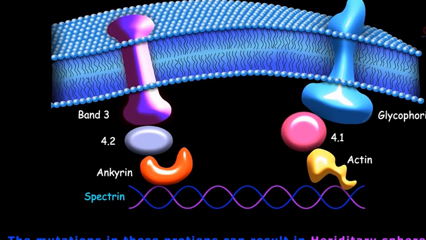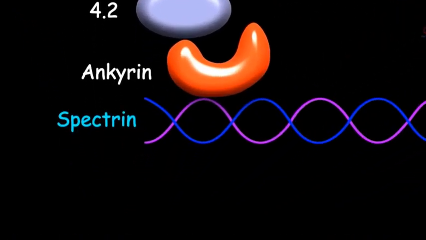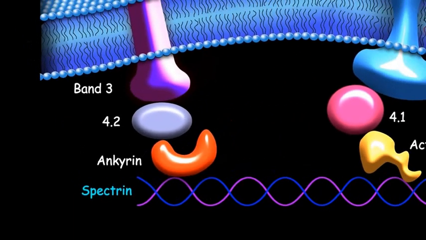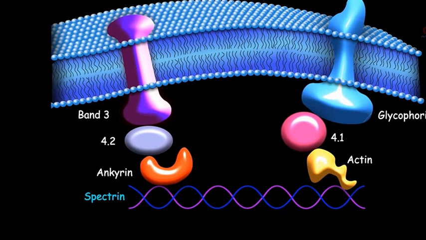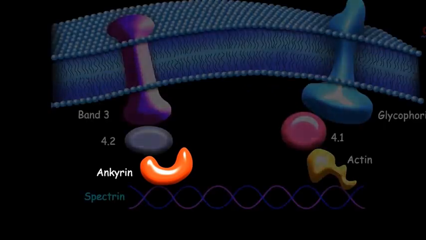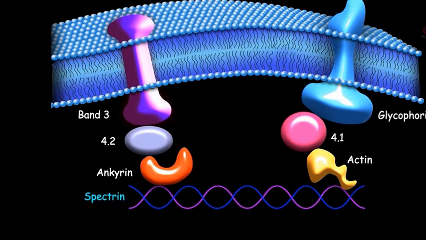The most common protein which leads to hereditary spherocytosis is ankyrin. Deficiency of ankyrin leads to hereditary spherocytosis, and there are gene mutations which cause deficiency in the encoded protein.